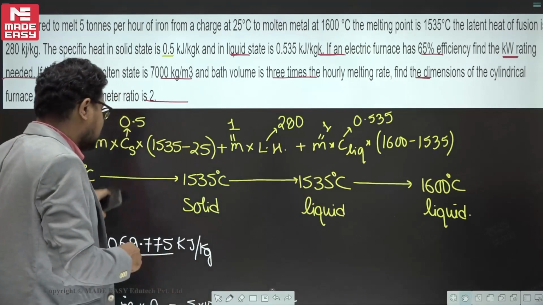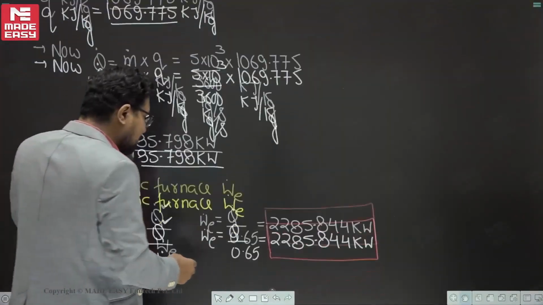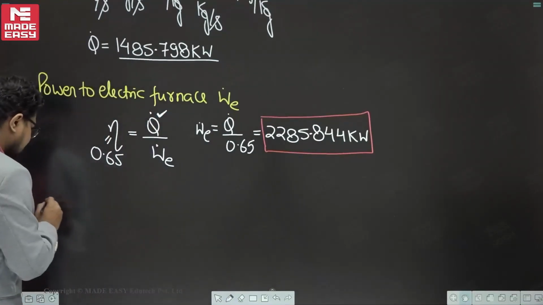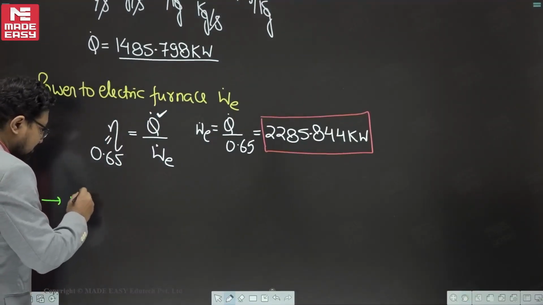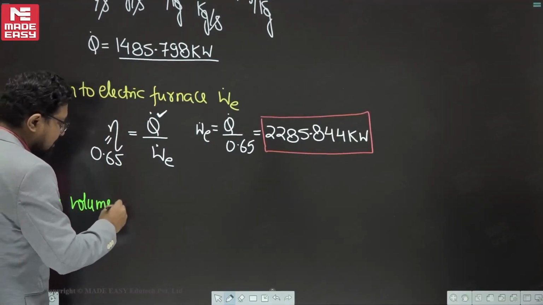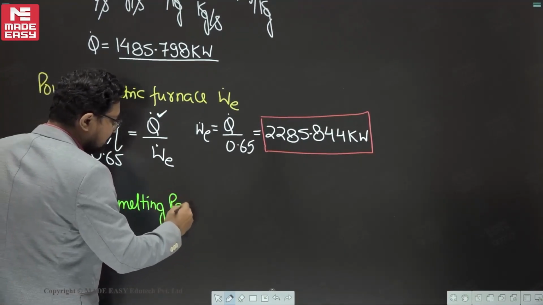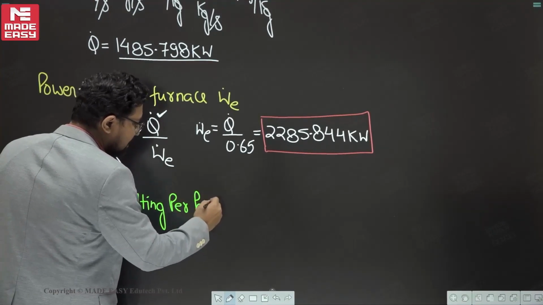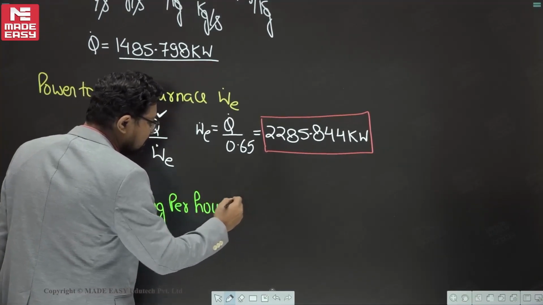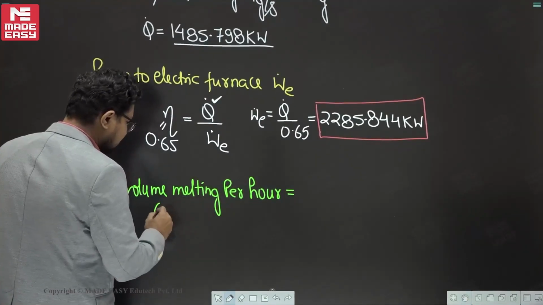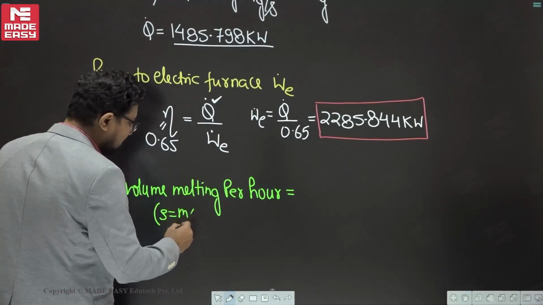So, let us find out the volume melting per hour. Volume melting per hour will be equal to, you can see that density equals mass upon volume.